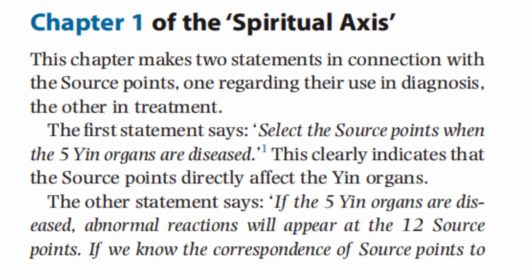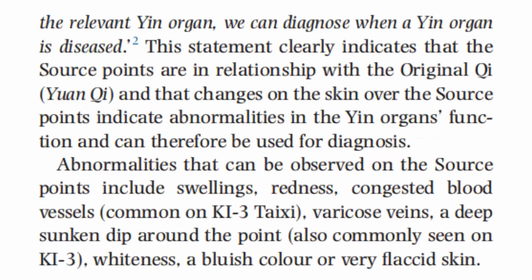If we know the correspondence of source points to the relevant yin organ, we can diagnose when a yin organ is diseased. This statement clearly indicates that the source points are closely related with the original qi or yuan qi, and that changes on the skin over the source points indicate abnormalities in the yin organ's function and can therefore be used for diagnosis.